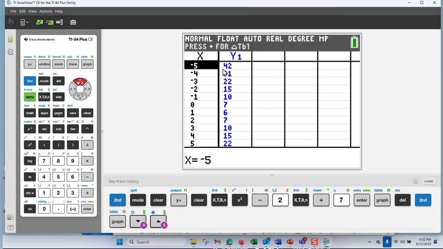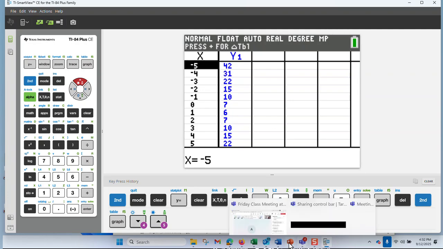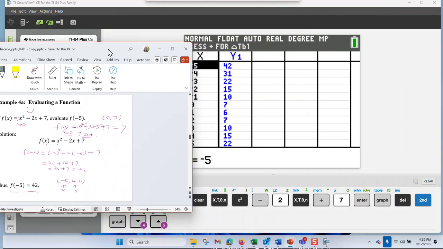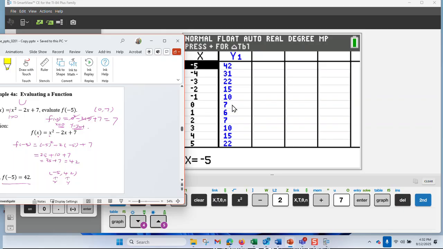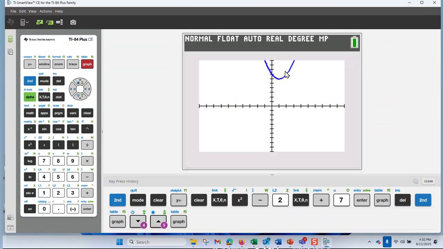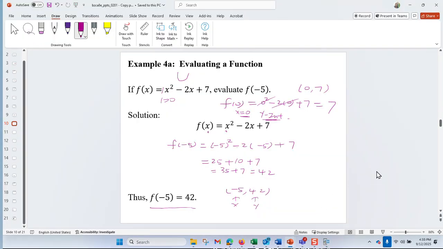Those are the 2 points we calculated. This is a quick and easy way if you really don't want to calculate by hand, but I still suggest that people do it by hand a few times, just to get familiar with the process. So this is a parabola facing up. Any questions? If you have a question, you can always jump in and ask.